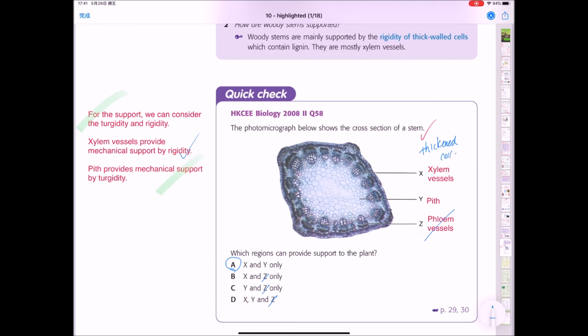And then for the pith, although they are thin wall cells, they can still provide support by absorbing water and becoming turgid. Just like what we learned in chapter 3, when the plant cell absorbs water, the cell will become turgid. And once it becomes turgid, it can provide mechanical support by turgidity. So that's why the answer is A, X and Y only.